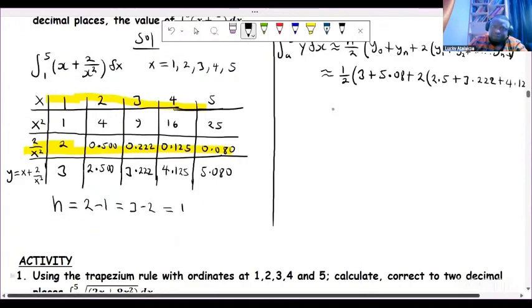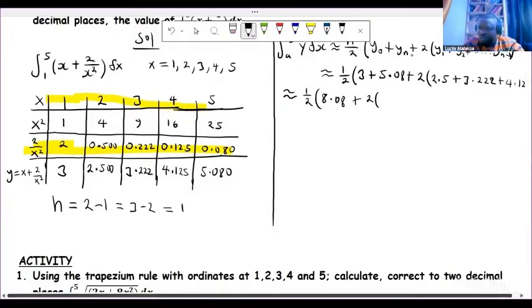Okay, 4.125. We'll work with that. This is half. So this is 8.08 plus 2. Let's add up everything in the brackets. You will get 9.845. If you multiply this by 2, you will get 19.69.